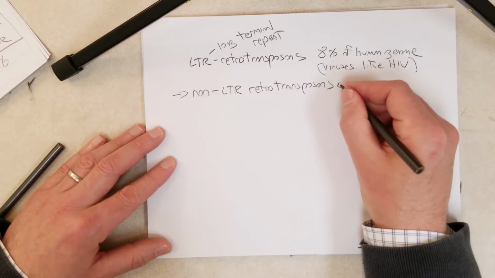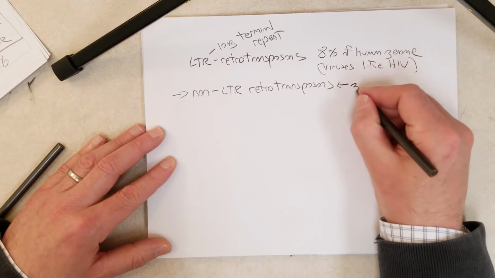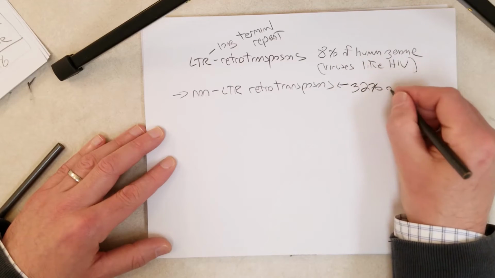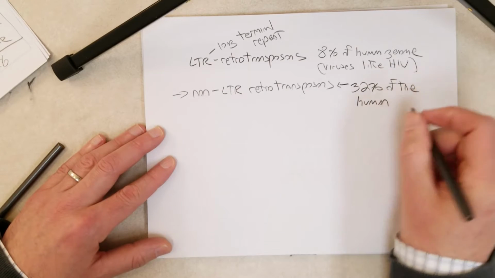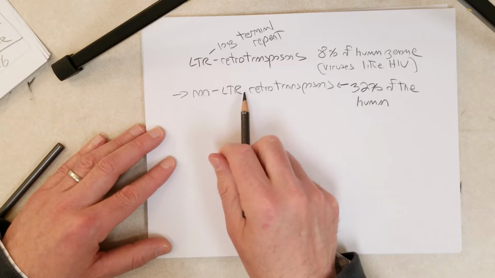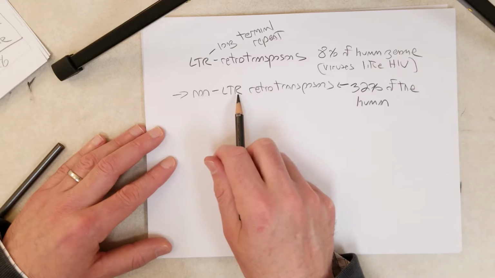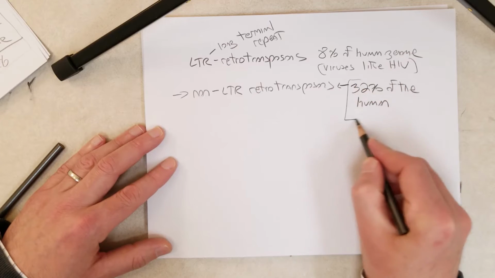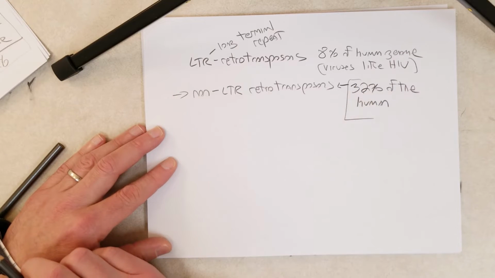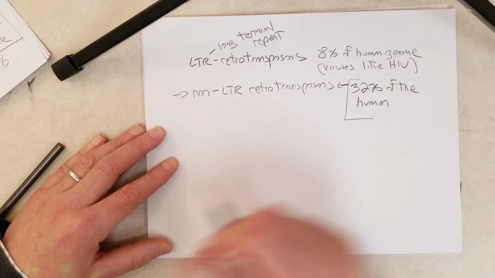Why are we going to focus on those? Because these make up 32% of the human genome. If we only have time to cover one subclass of a class of transposons, we may as well focus on the one that comprises most of our genome.